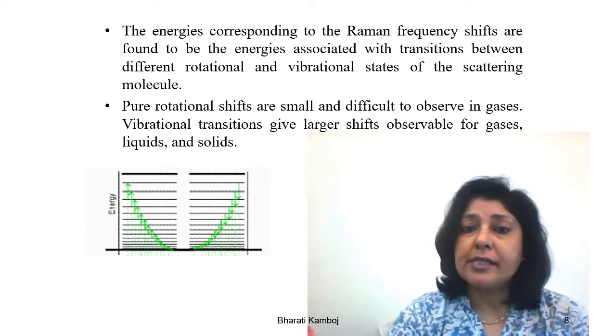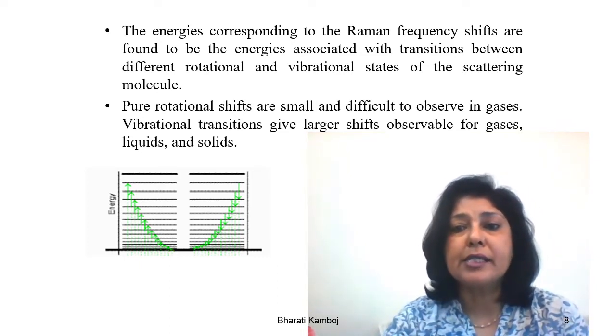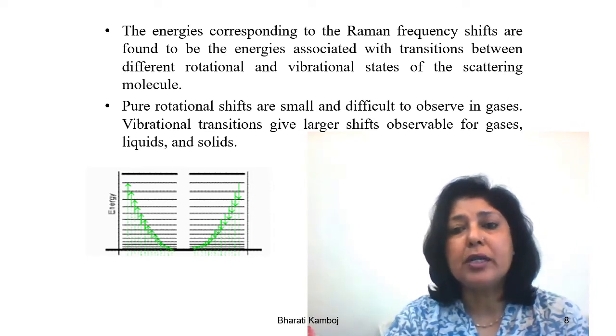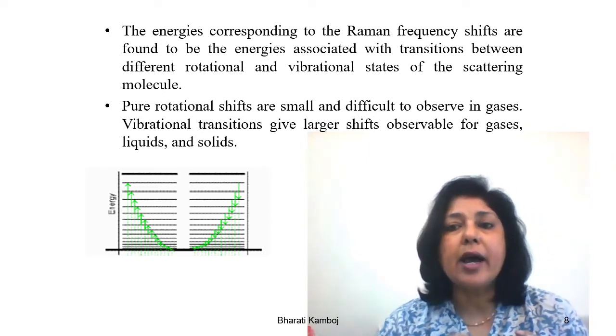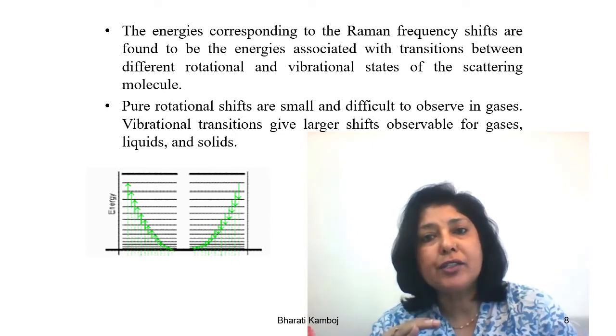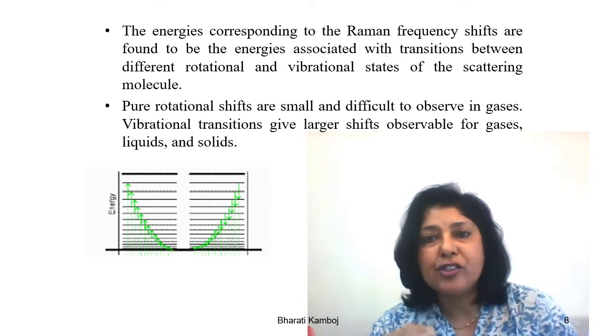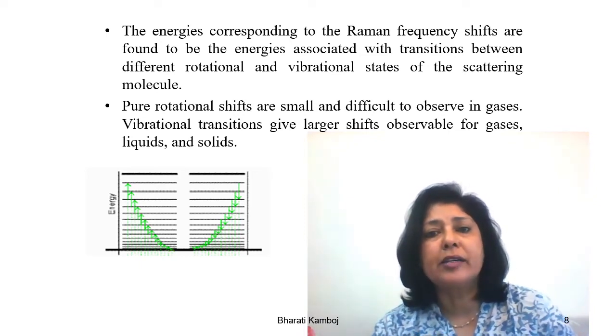Now the energies corresponding to the Raman frequency shifts are found to be energies associated with transition between different rotational and vibrational energy states of the scattering molecule. We are familiar that a molecule has many kinds of energy levels: rotational energy levels, vibrational energy levels, electronic energy levels.